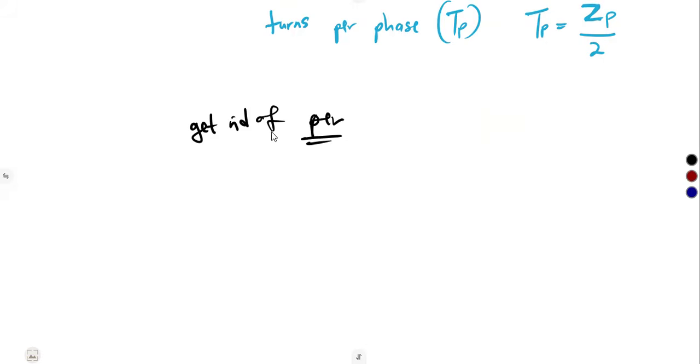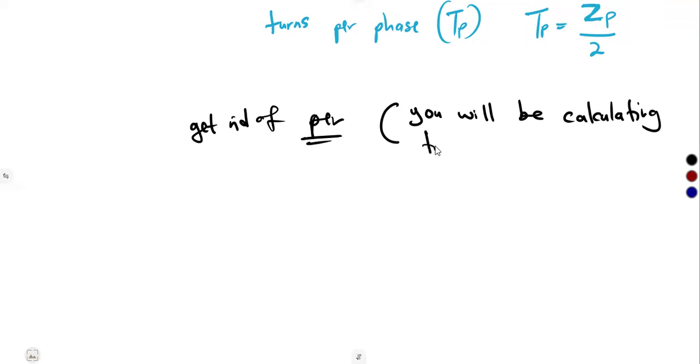So to get rid of pair, you will be calculating what? Total values. You will be calculating total values of what is given before pair.